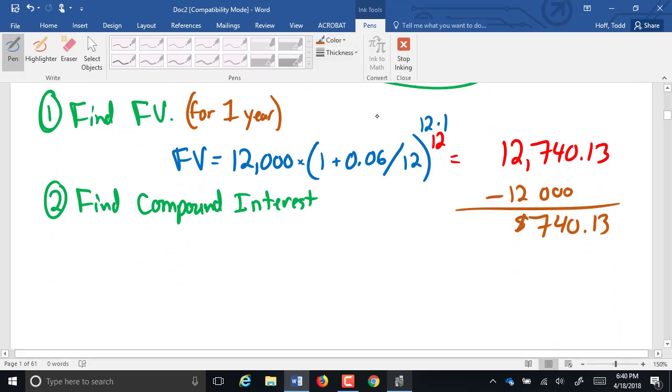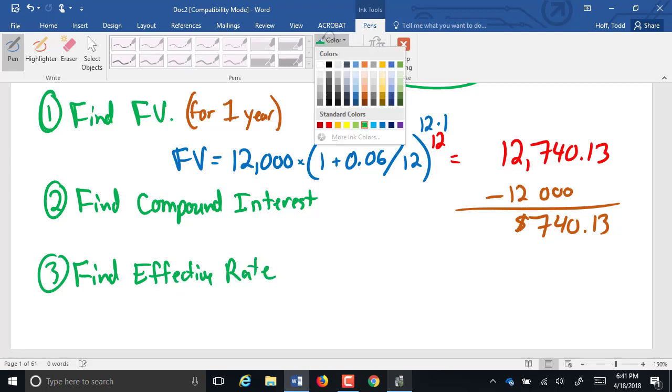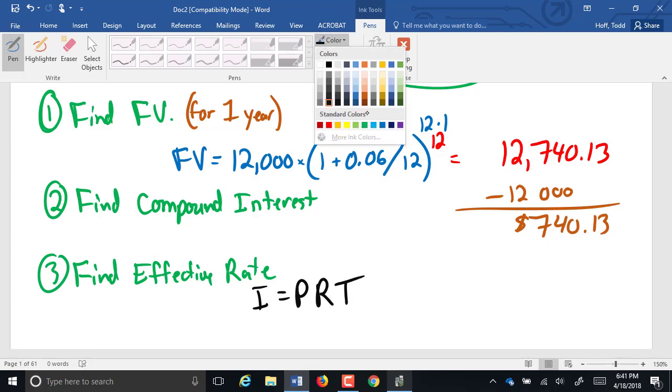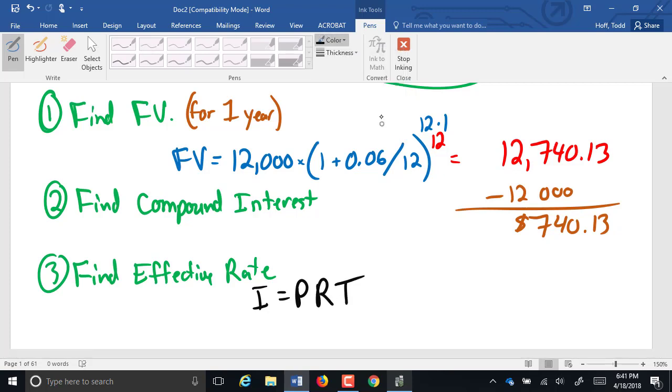Step 3, find the effective rate. And this is going to be using I equals PRT again. Effective rate always is going to end up using I equals PRT.